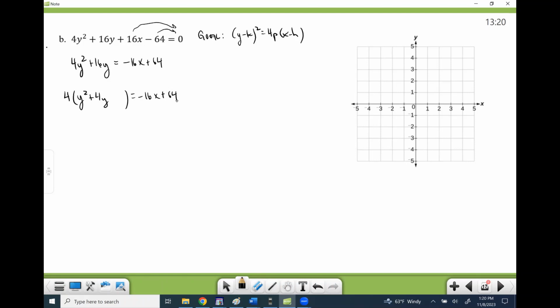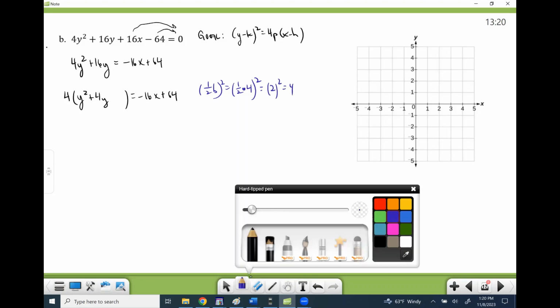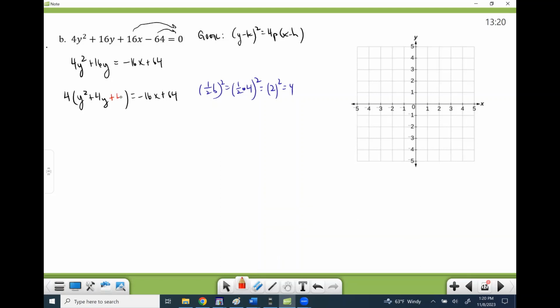All right. So let's go ahead and complete the square. So our b is going to be 4. So half of 4 is 2. 2 squared is 4. So it just gave us 4 back. So I'm going to put a plus 4 here. There's a lot of ways to handle this particular problem.